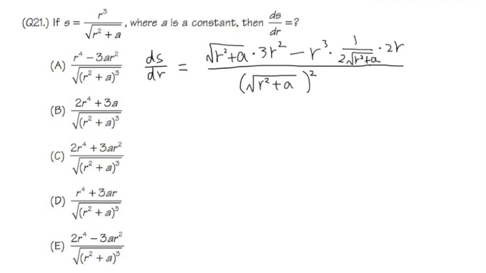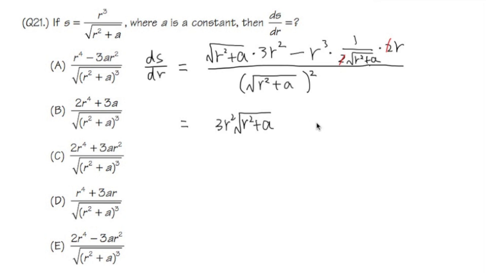Now we just have to do some cleanup. And as we can see, first of all, perhaps we can cancel these two 2's together. And let's put things slightly nicely for now. So I'm going to write down, here I will get 3r squared and the square root of r squared plus a, right?